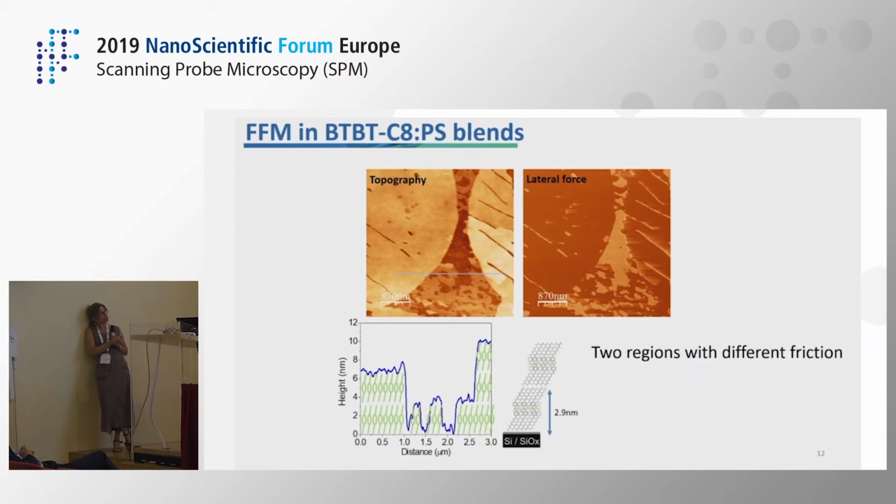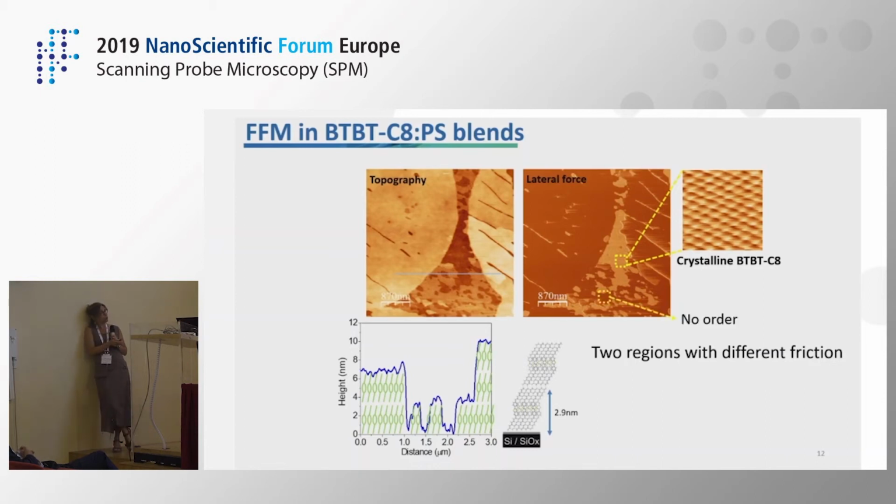So now, the lateral force measured in the standard frictional force microscopy is showing us two regions with two different friction, low and high. And if we zoom in on the highest frictional region, we can see the molecular order that agrees with this structure of BTBT, which corresponds to the herringbone packing of the molecules.